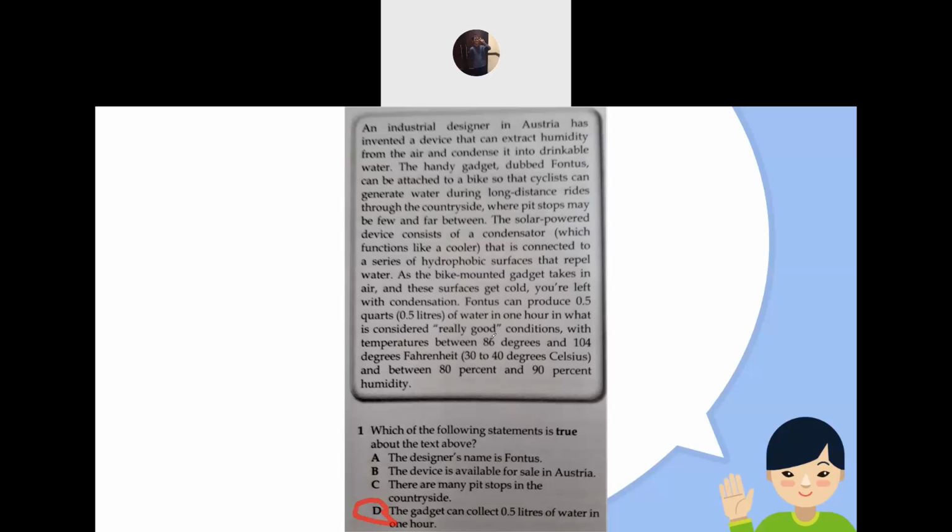Because it says that Fontes can produce 0.5 liter of water in an hour. Sure, Fontes is a device, right? Not a person's name. It's a device name.